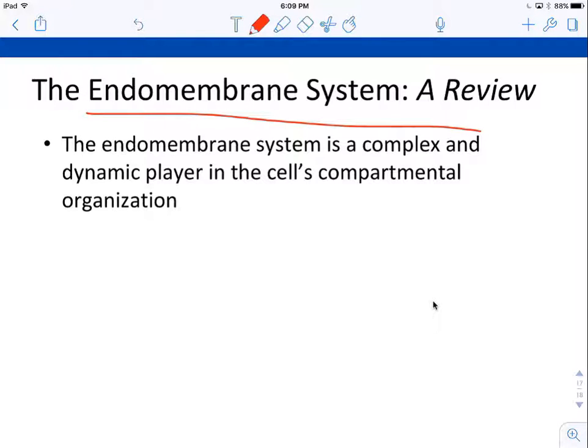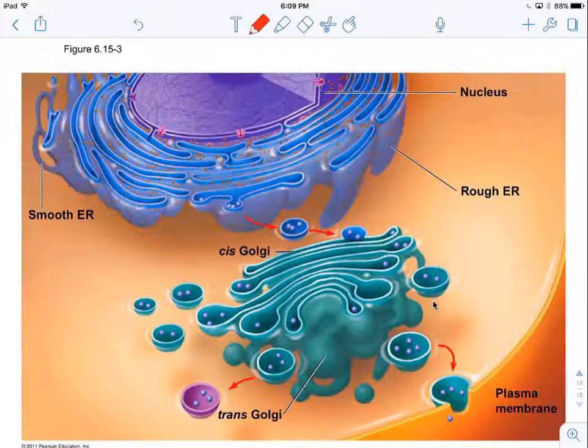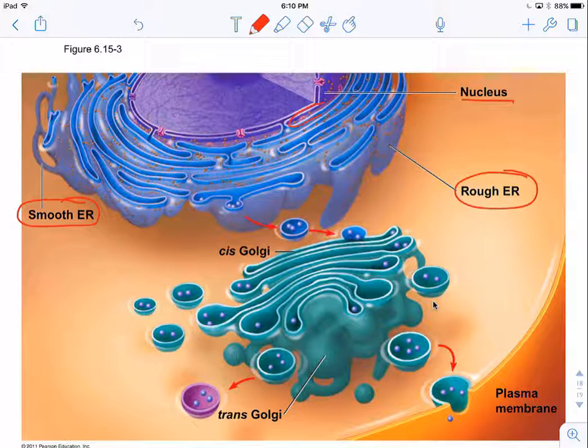So it's a complex and dynamic player in the cell's compartmental organization. And let's go to the next slide, which kind of brings it all together. So you see you have the nucleus, and the nuclear envelope is continuous with the rough ER. The smooth ER is over here, detoxifying things and making lipids. The rough ER then connects to the Golgi apparatus by, here we have some rough ER that's made some proteins.